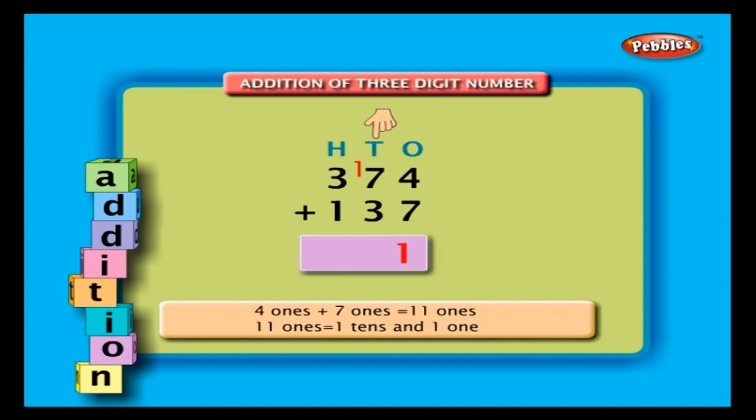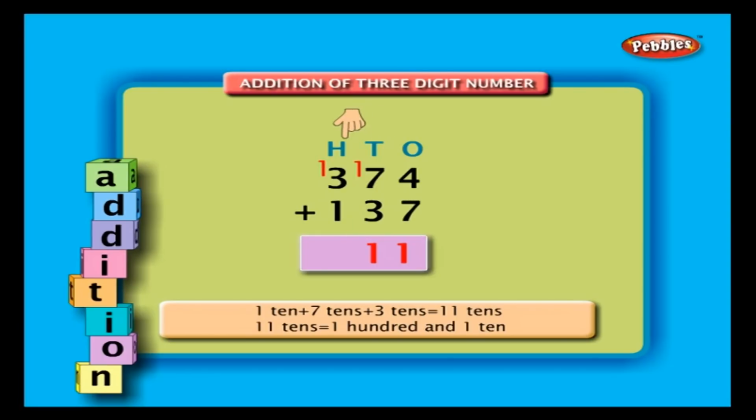Now add the tens column. 1 tens, which is the carry-over number, plus 7 tens plus 3 tens is equal to 11 tens. 11 tens is equal to 1 hundreds and 1 tens. Write 1 tens below the tens column and carry over the 1 hundreds to the hundreds column.